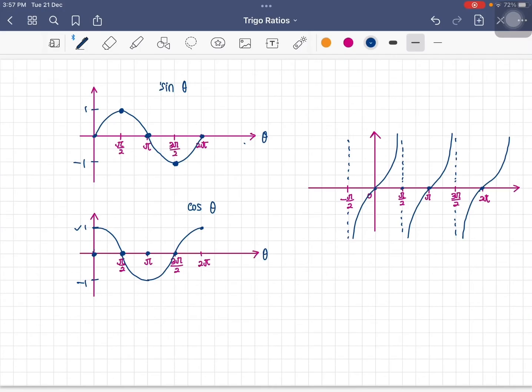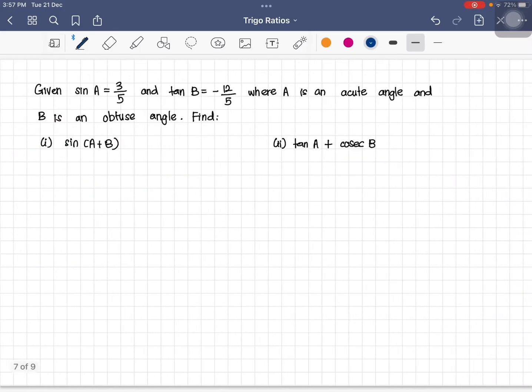Let's look at these questions for the trigonometric ratio. Suppose we have this sine A and tangent B, which is given by this, and we know that A is an acute angle. Read the question carefully. And B is an obtuse angle. You can start sketching your CAST diagram.